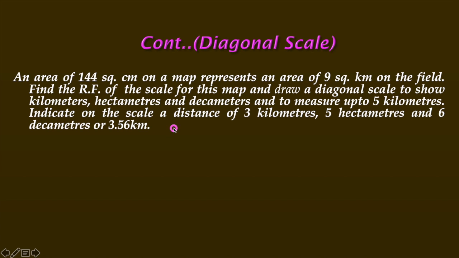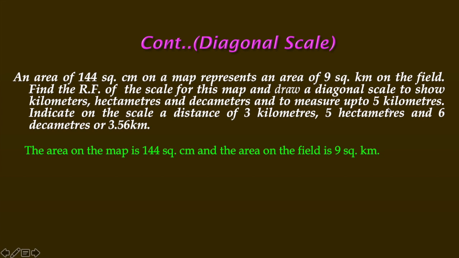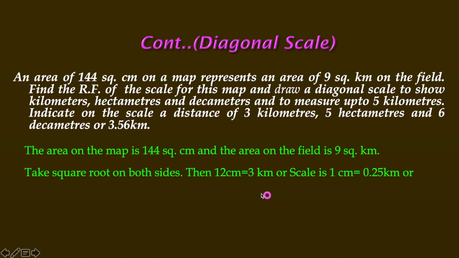So using the same RF, we will calculate the dimension here. This calculation is shown here: 12 centimeters equals 3 kilometers, or the scale is this: 1 centimeter equals 0.25 kilometer.